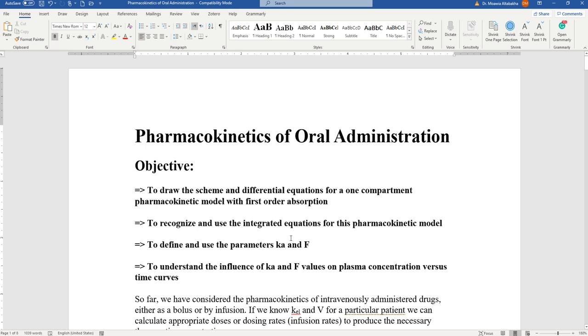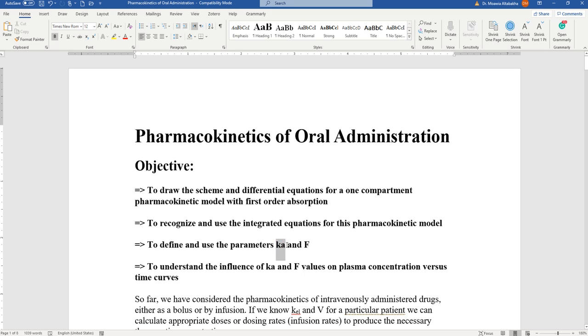I want you to think of Ka as the door, the size of the door through which the drug enters the systemic circulation. We used to say Kel is the size of the window through which the drug leaves. Okay, now Ka is the size of the door through which the drug enters the systemic circulation, and Kel is the size of the window through which the drug leaves.